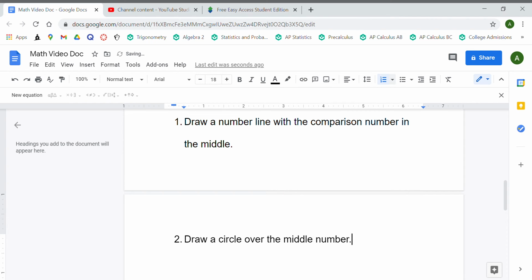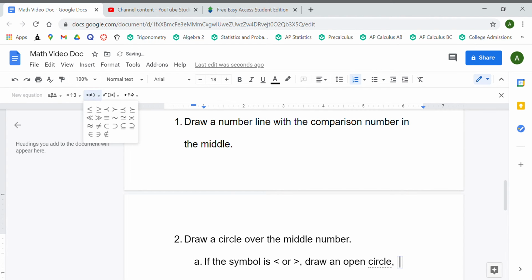Now, you need to make sure you draw the right circle. So here's what I'm going to tell you. If the symbol is less than or greater than, draw an open circle, which would be this.